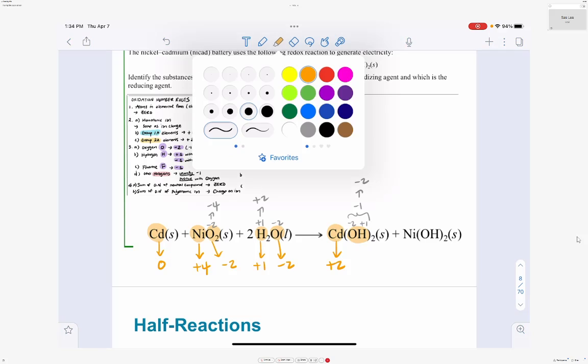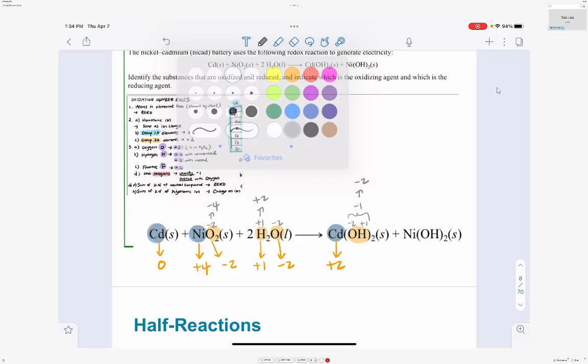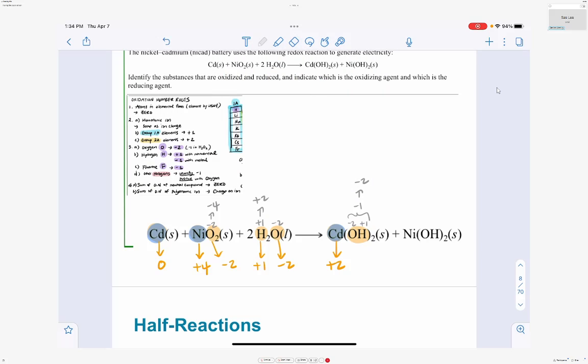I'm actually going to highlight the metals in blue. Positive 2. Oxidation number of oxygen is still negative 2. Hydrogen is still positive 1.